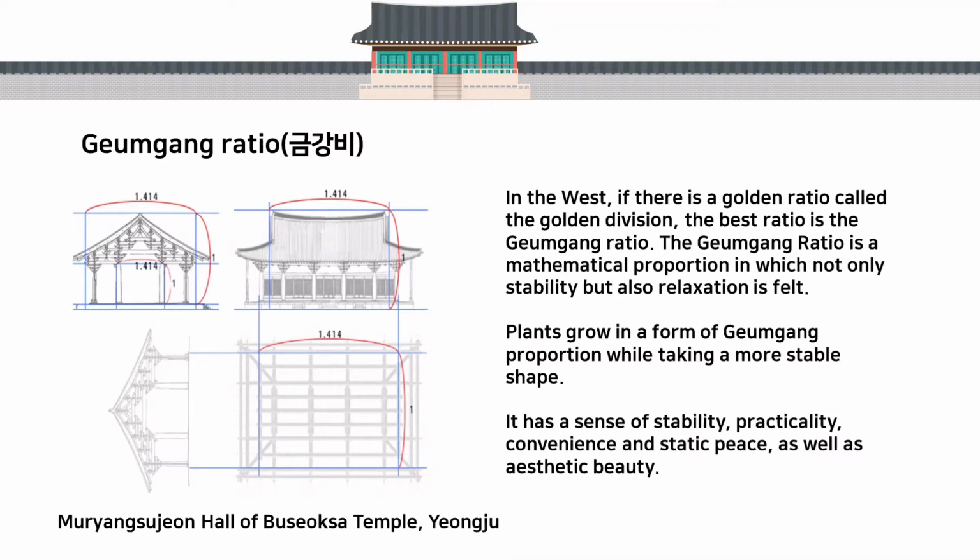Plants grow in a form of 금강 proportion for taking a more stable shape, and also A4 paper has a form of 금강 proportion. It has a sense of stability, practicality, convenience, and static peace, as well as aesthetic beauty. Our ancestors used this ratio in a number of architectural works, such as 무량수전 Hall of Buseoksa Temple or 첨성대.